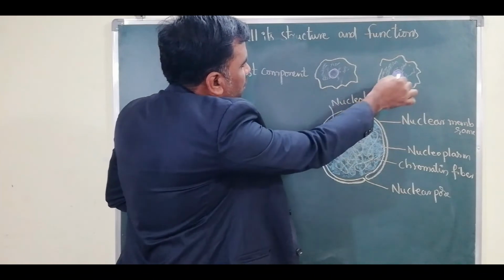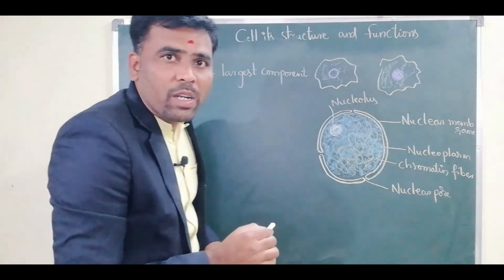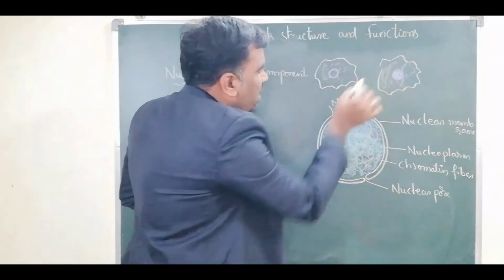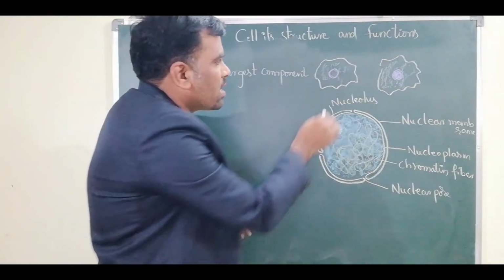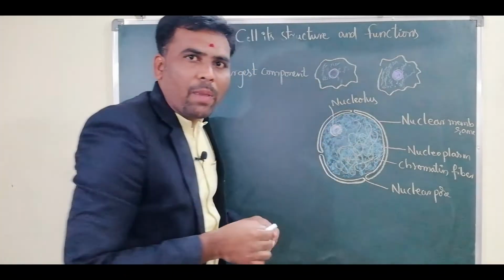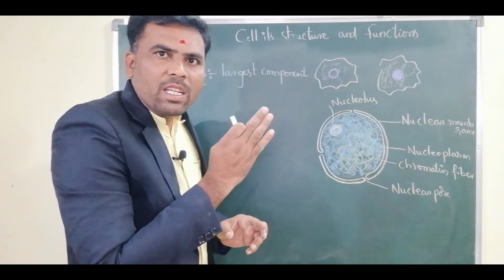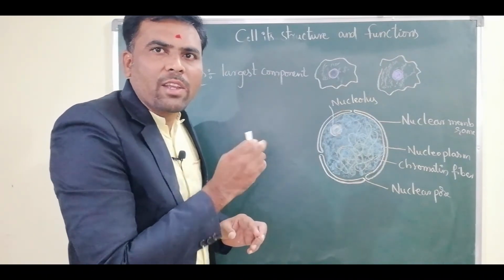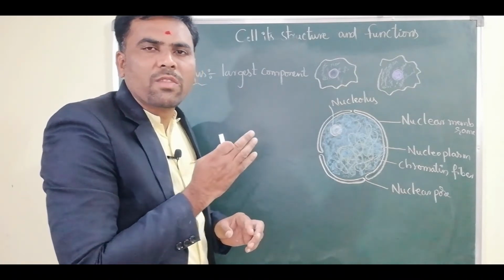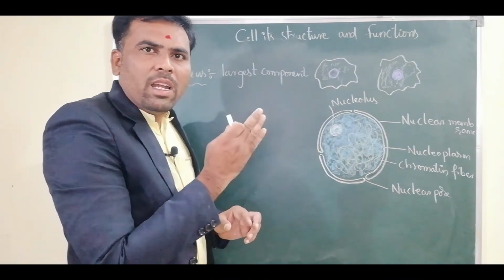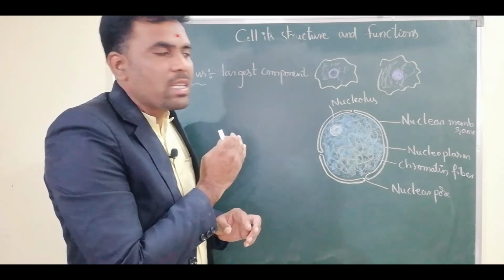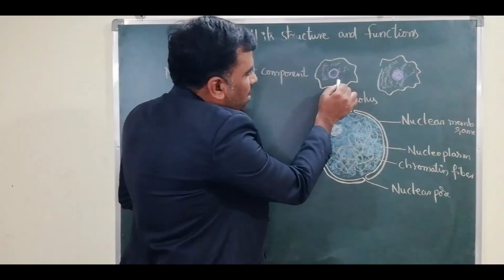Where is the nucleus? In an animal cell the nucleus is in the center, but in a plant cell the nucleus is shifted to the periphery, because there is a huge vacuole in the plant cell which occupies most of the space.